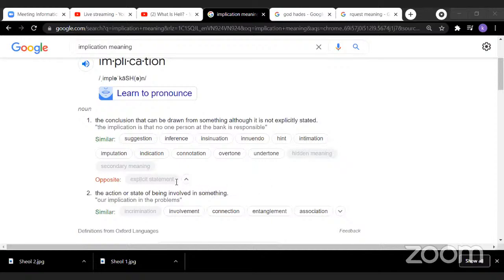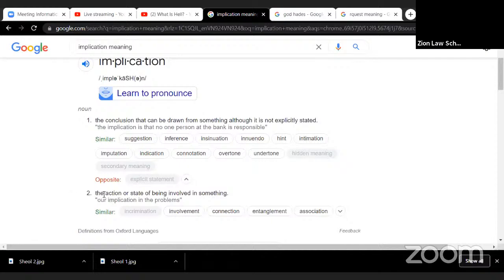Opposite: the action or state of being involved in something. So implication, again, is the conclusion that can be drawn from something, although it is not specifically stated.